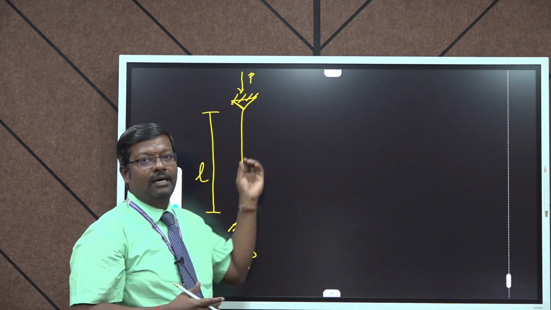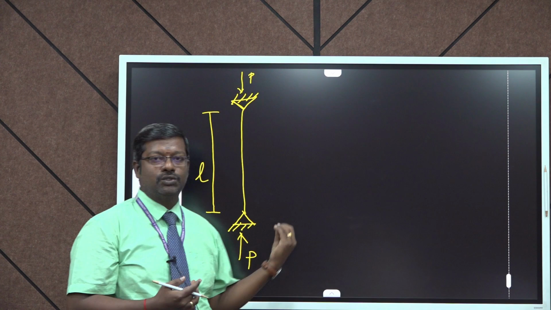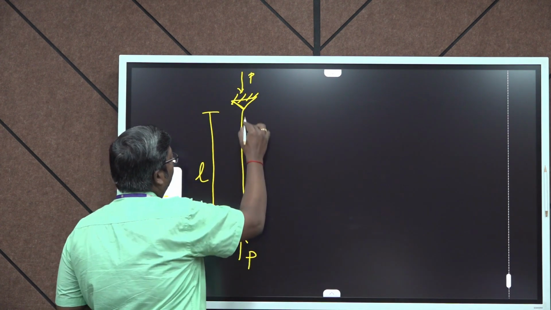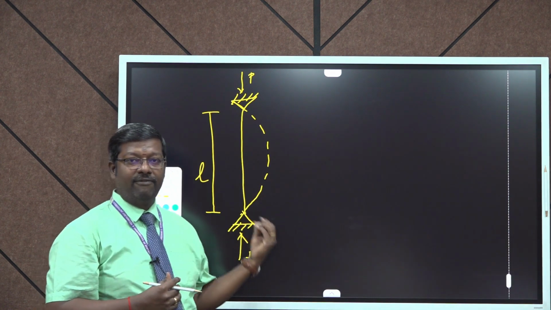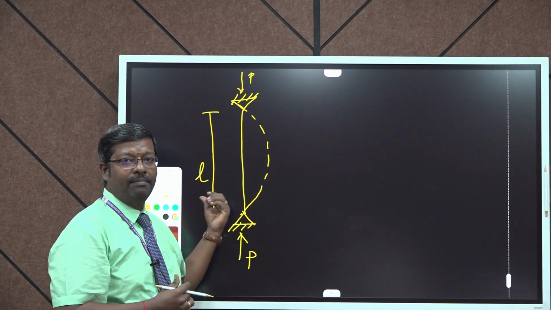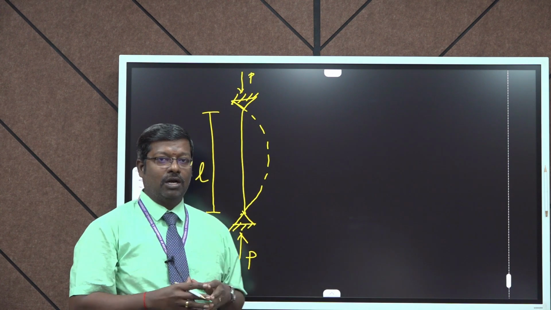Due to the axial load, the column tends to buckle. The column may buckle like this. The maximum deflection or deviation may be at the middle of the column.